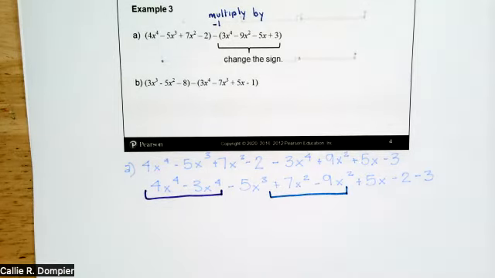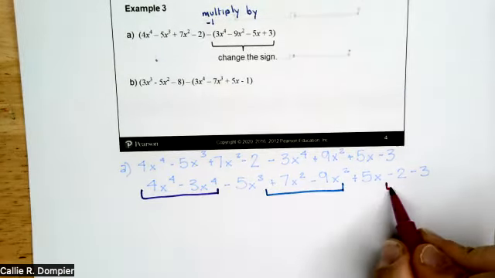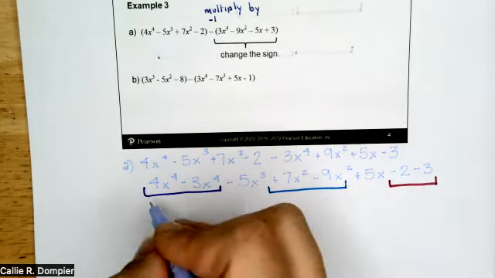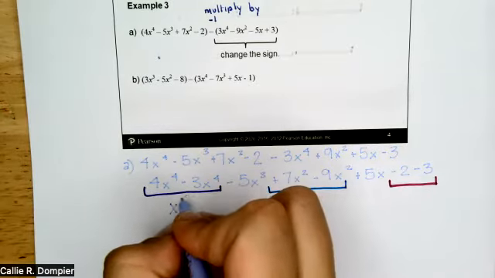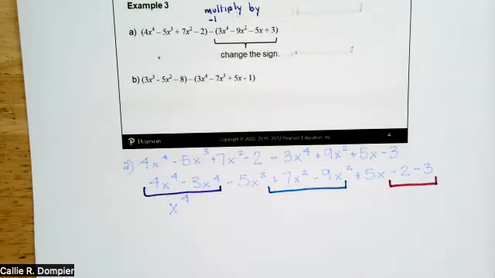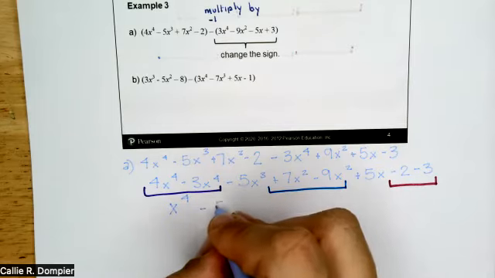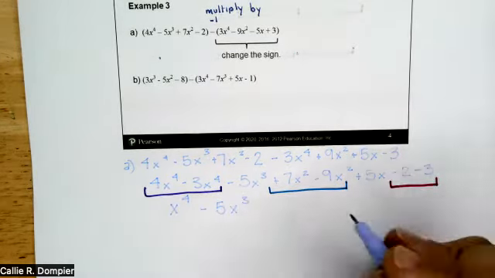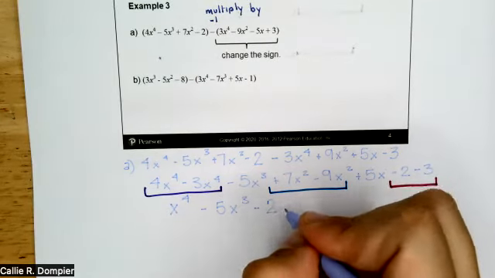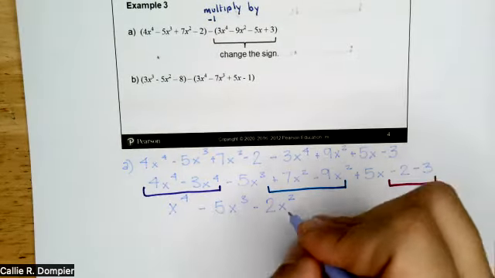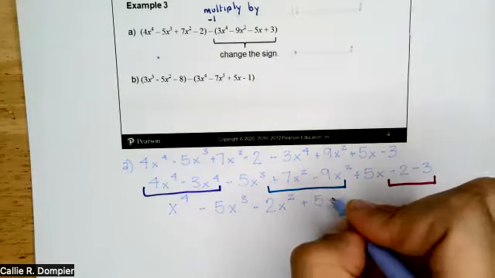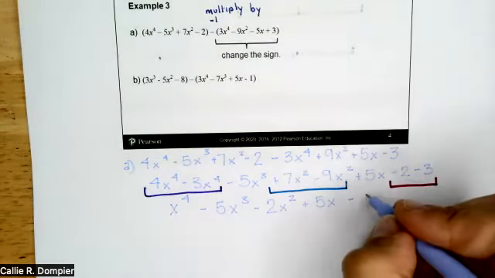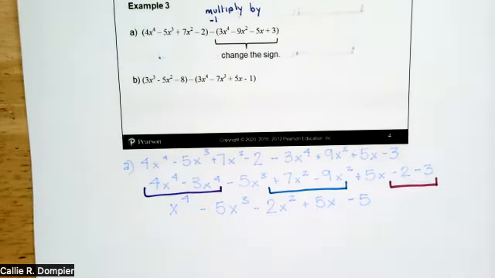Those two. Those two. Good. So 4 minus 3 is just 1. I ignore the 1 and just put the letter. Minus 5x to the third. 7 minus 9 is going to be negative 2. Minus 2 minus 3. So we're just combining them. 2 and 3 is 5. And they were both negative. So it's a negative 5.